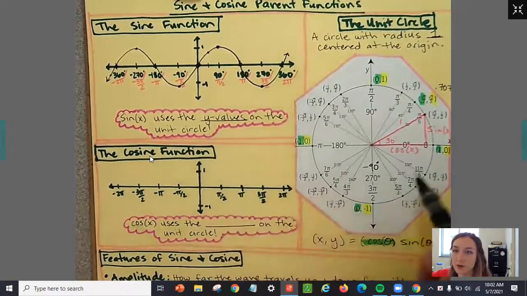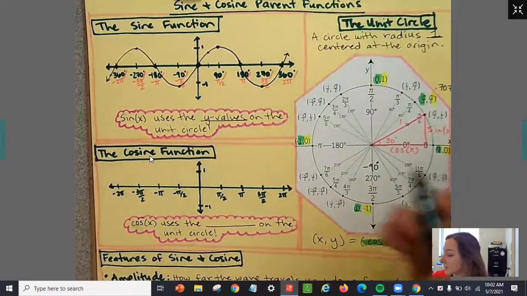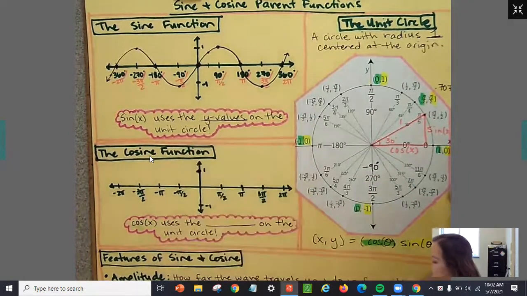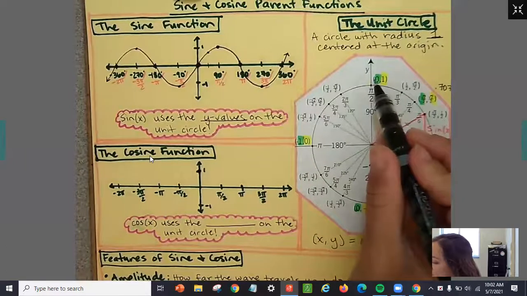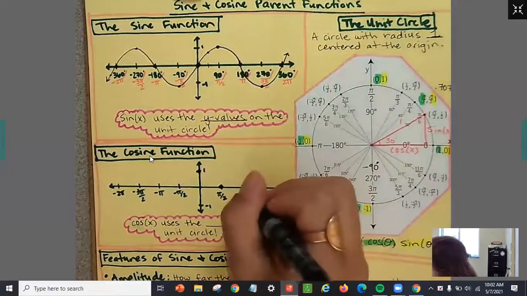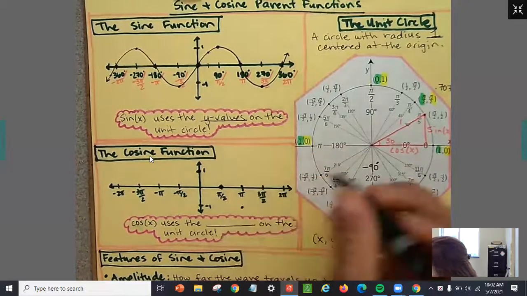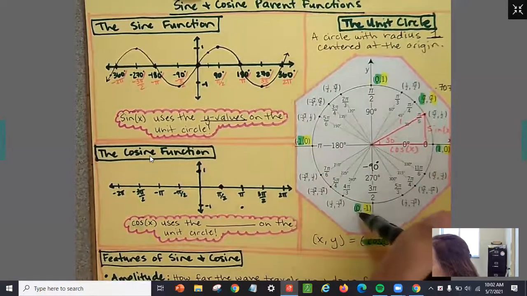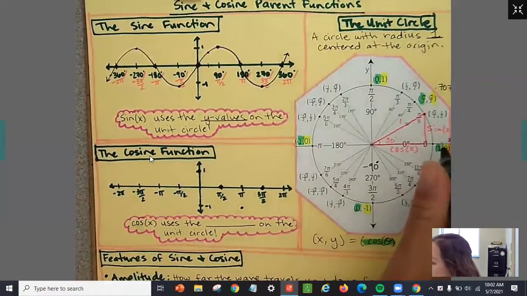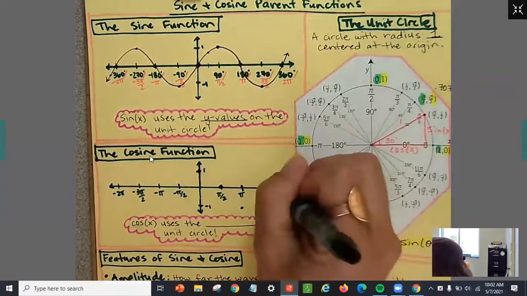Okay, so here's 0, and at 0, it's going to have the x value of 1. So at 0, we're going to go up to 1. Then at pi over 2, or 90 degrees, it's going to go to 0. At pi, it's going to go to negative 1. At 3 pi over 2, it's going to go to 0. And at 2 pi, so all the way back around, it's going to go to 1.